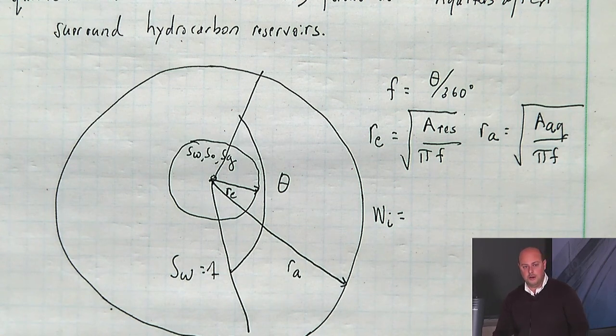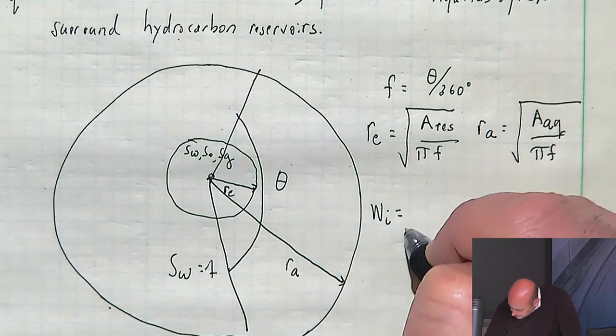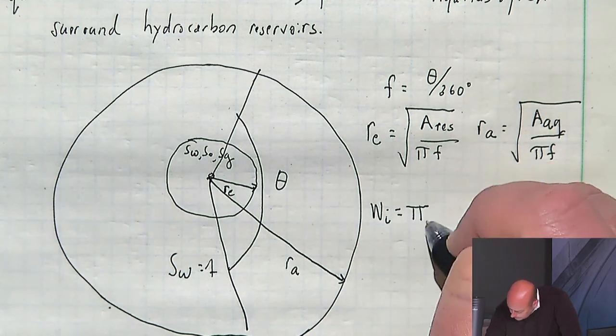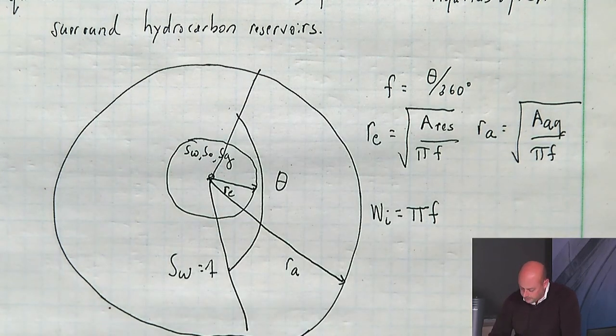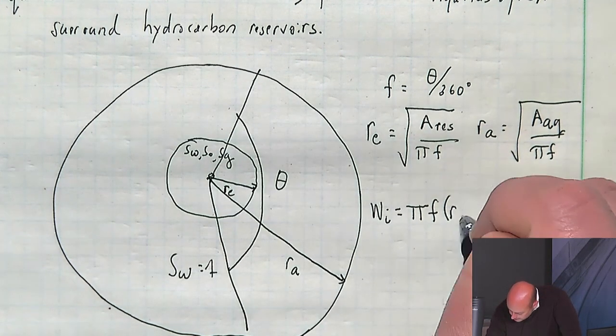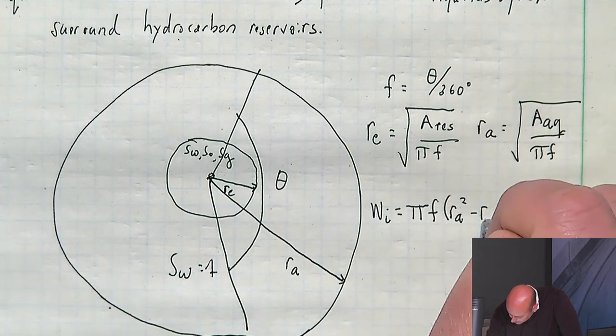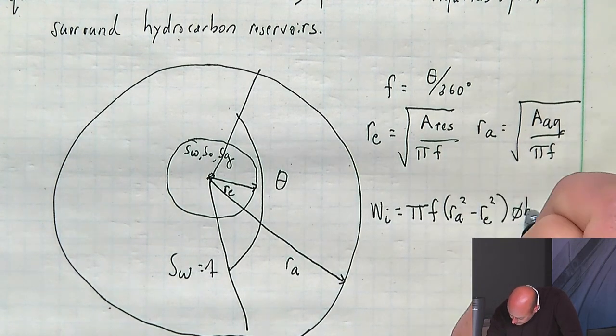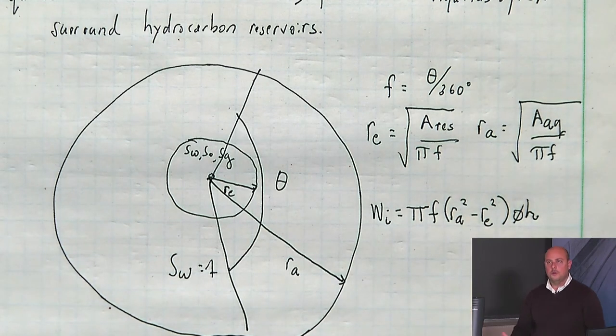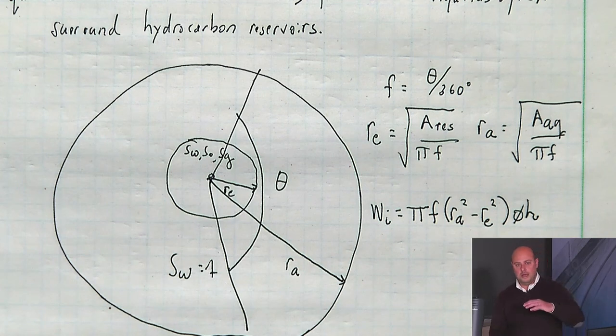So the outer cylinder is the aquifer, the inner cylinder is the reservoir. So what that is going to be is pi f, because it might not be a perfect circle or perfect cylinder, times the radius of the aquifer squared minus the radius of the reservoir squared, times porosity times the thickness, right? Because what's the volume of a cylinder? It's pi r squared h.